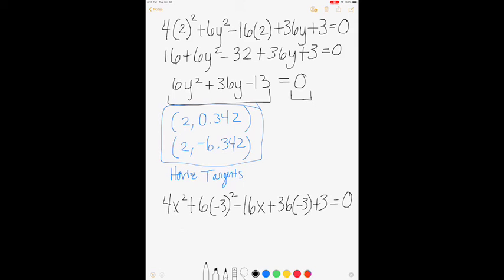All right, that's going to be 54. Plus 36 times negative 3. So negative 108.